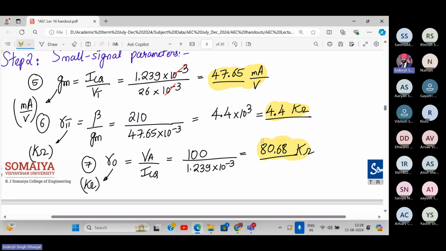Yes, that's fine, because everyone enters the value with two digits after the decimal, or three digits, or four digits, so the answer will slightly vary. That is minor. Even if you get 79, it's acceptable. Even if you get 81, it's acceptable.